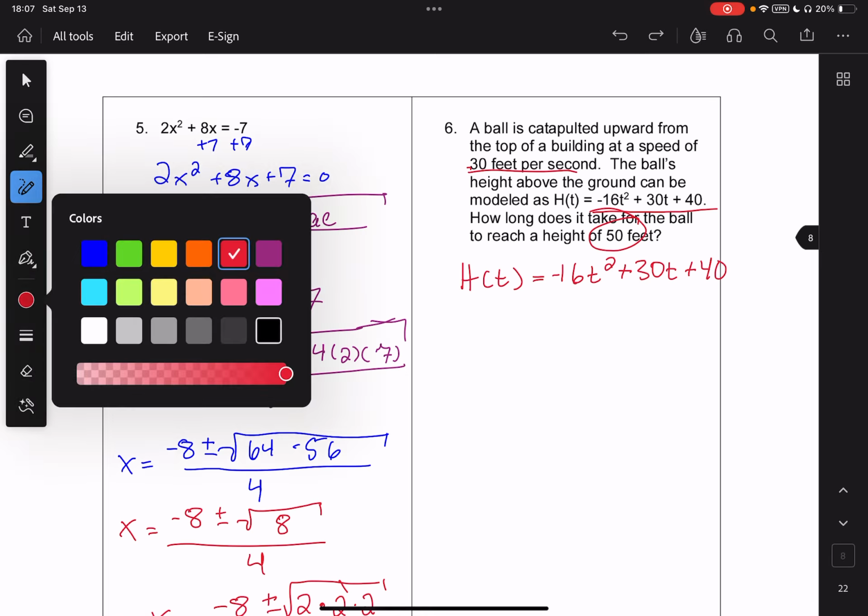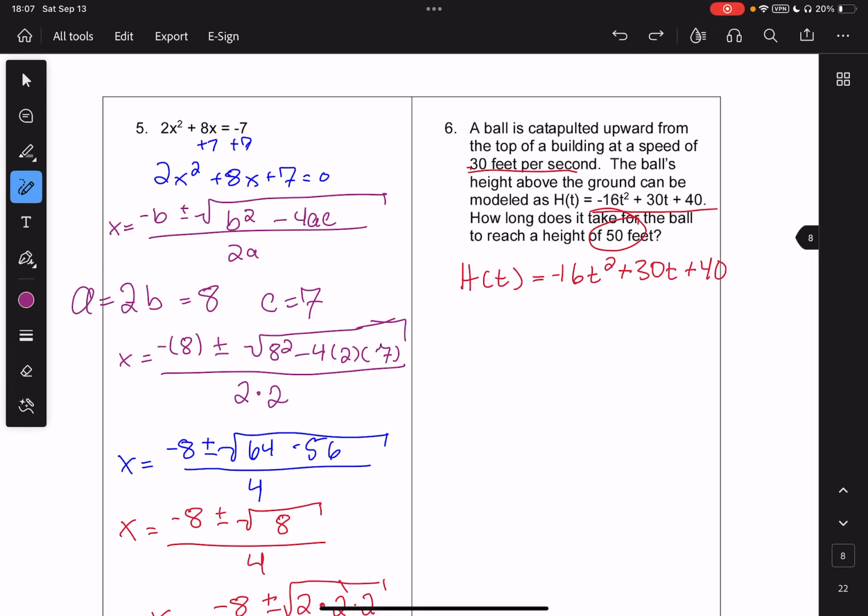So the main thing with this is that it says how long does it take to reach a height of 50 feet. So how long? We're trying to find t. We don't know what t is, but we know h of t will be equal to 50. So we can set our equation up here equal to 50.